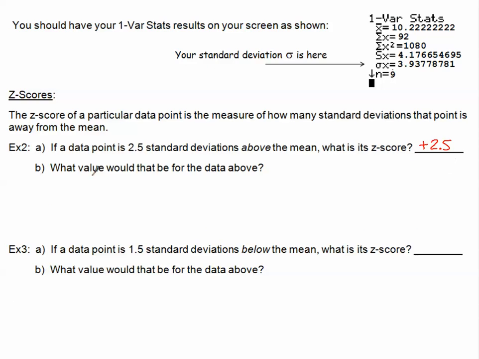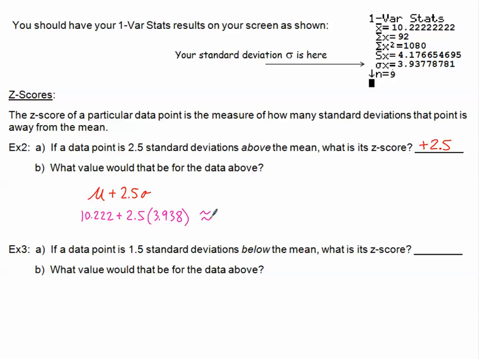And in this case, what value would that be for the data above? So what we need to do is take our mean and add 2.5 standard deviations. Well, we've already calculated what our mean is. Our mean up here is 10.222. I'll just round to 3 decimal places. 10.222 plus 2.5 times our standard deviation, and that was the 3.938.